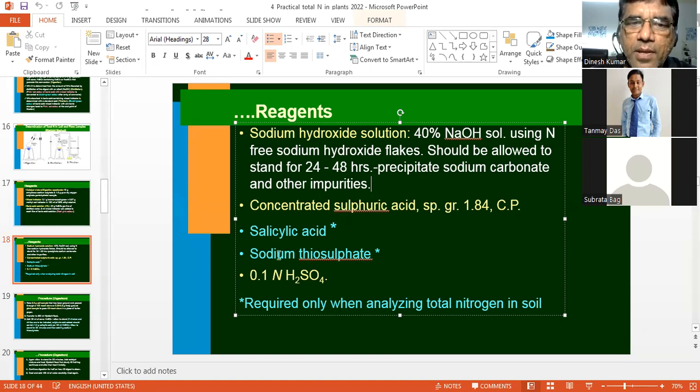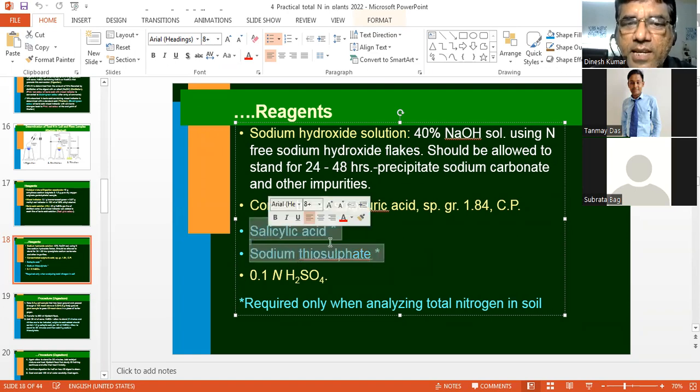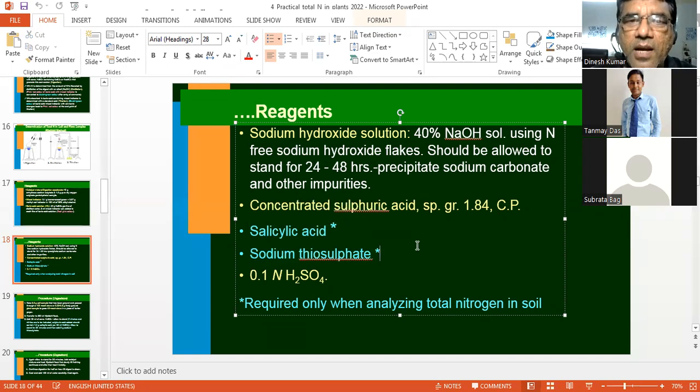Salicylic acid and sodium thiosulfate are also required, but only for soil. When you are doing total nitrogen analysis in soil, you need salicylic acid and sodium thiosulfate. These two chemicals are required to reduce the nitrate.